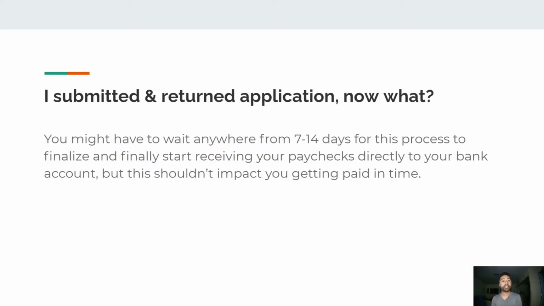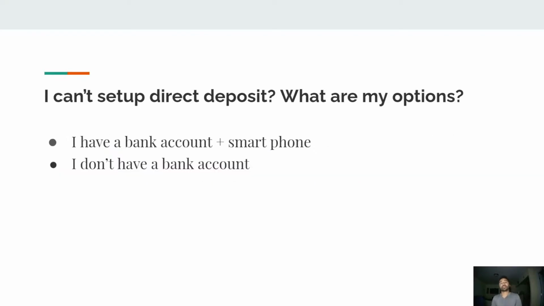And again, this is a great step. So for those that can't set up a direct deposit, if your employer for whatever reason doesn't have that, or if you work for a smaller company maybe, but you still get paid with a physical paycheck, I would suggest make use of your smartphone.